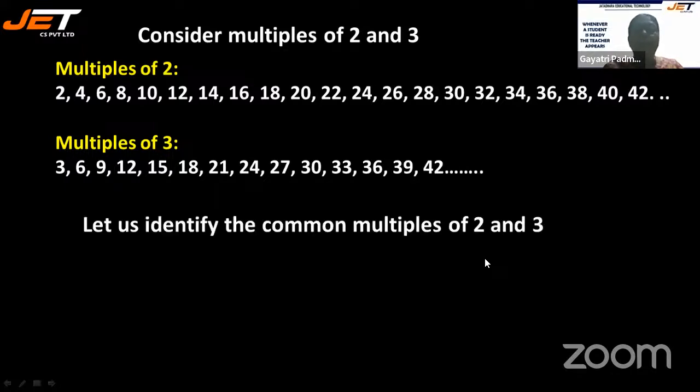All right. Now let us identify the common multiples of 2 and 3. All right. So now see how beautifully it is highlighted. The common multiples, that is the common numbers in the multiples of 2 and multiples of 3.